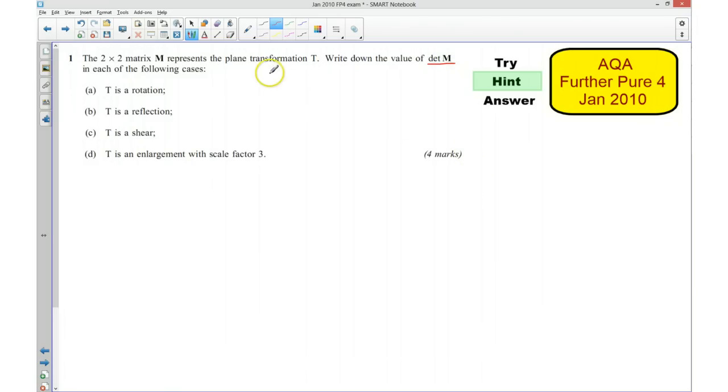So that's how much the area has changed during the transformation. So what you should aim to do now is look at each of these and decide, has the area changed, and by what scale factor has the area changed. So if you want to have a go at doing that now.